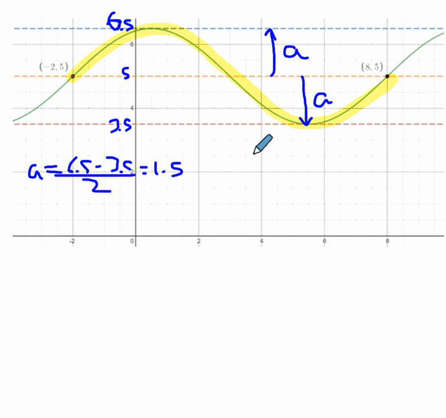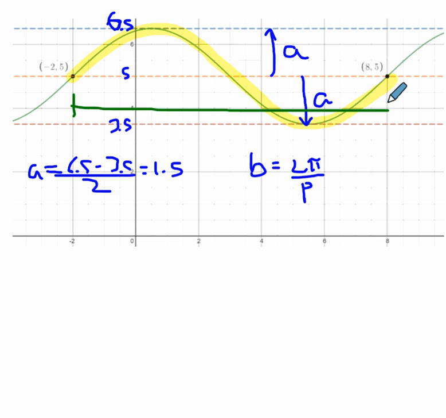Also, we need to find our b. So b is 2 pi over the period. The period here, I'm going to just show you on the graph. The period is from, let's say, this point to where it repeats here. So it's from 8 here and then going to negative 2.